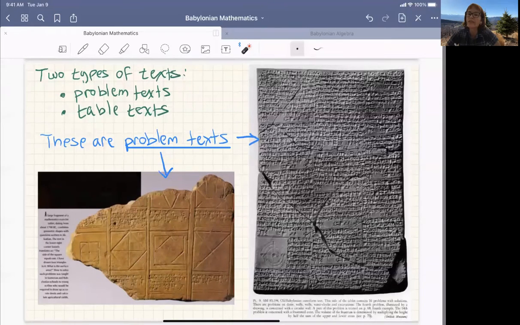So you can imagine that they're probably going to be doing things like calculating the lengths of diagonals and that sort of thing. In this text on the right, what you see are a lot more words and numbers. There is a drawing over here of a circle, but you see mostly words and numbers, not so much drawings. So these are examples of problem texts.